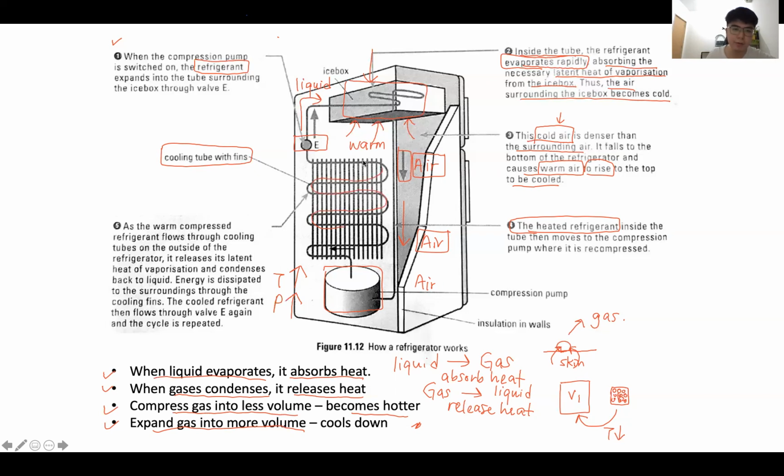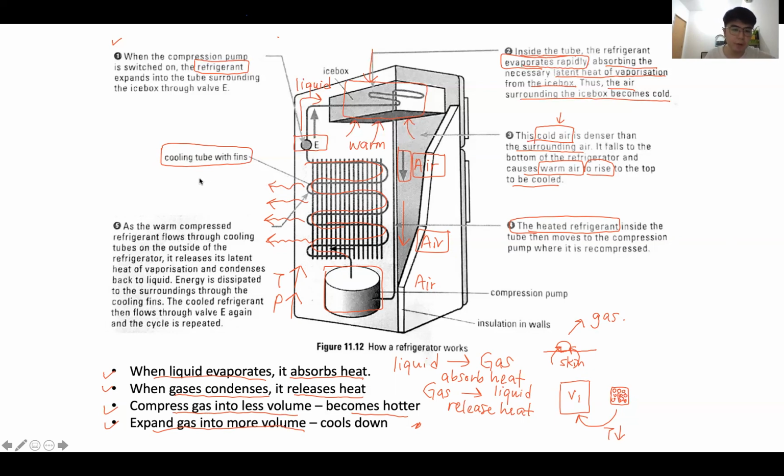This is at the back of the refrigerator. When they go through this cooling coil, they release heat to the surrounding. Because the compressor increases the temperature, the heat transfer is from the coil to the surrounding and not from the surrounding to the coil.